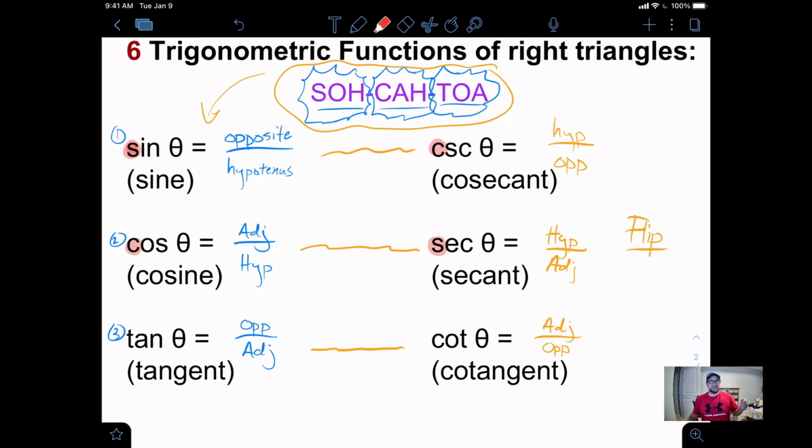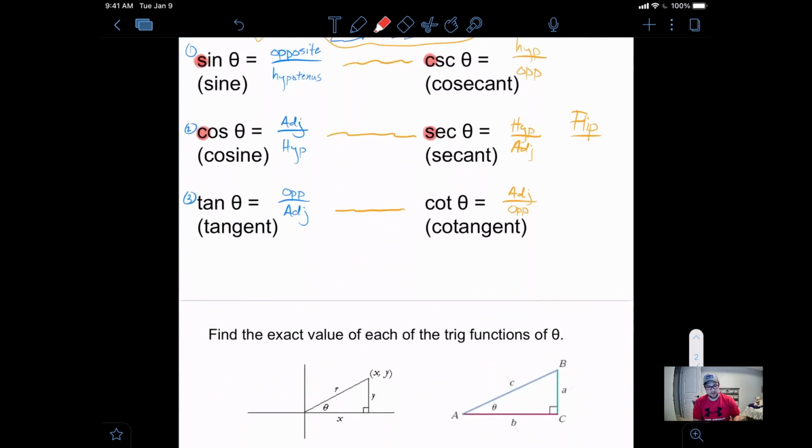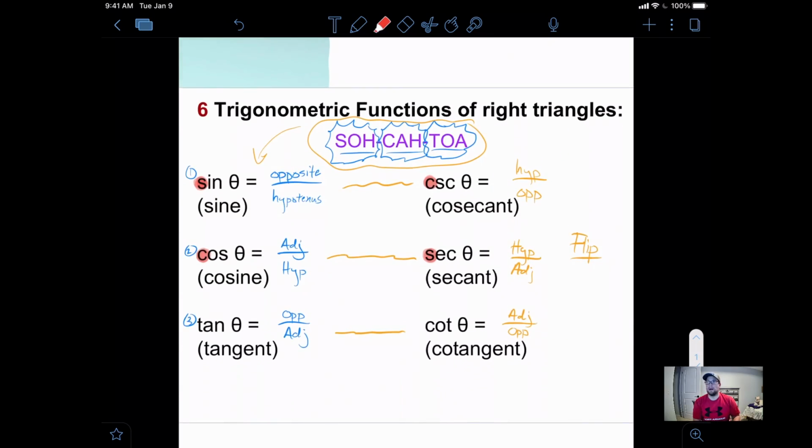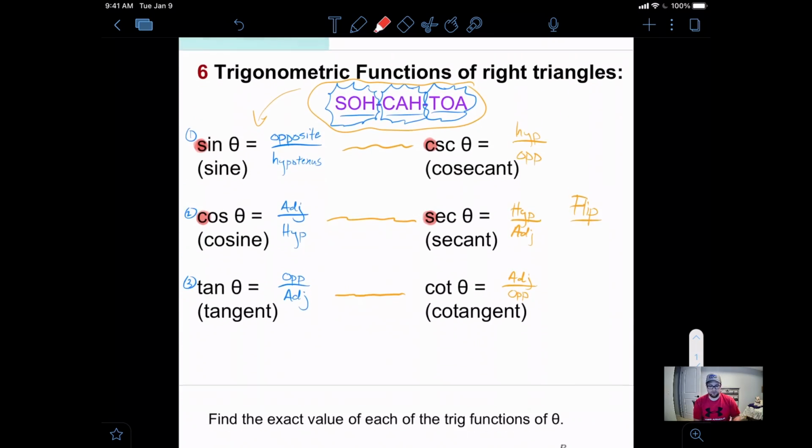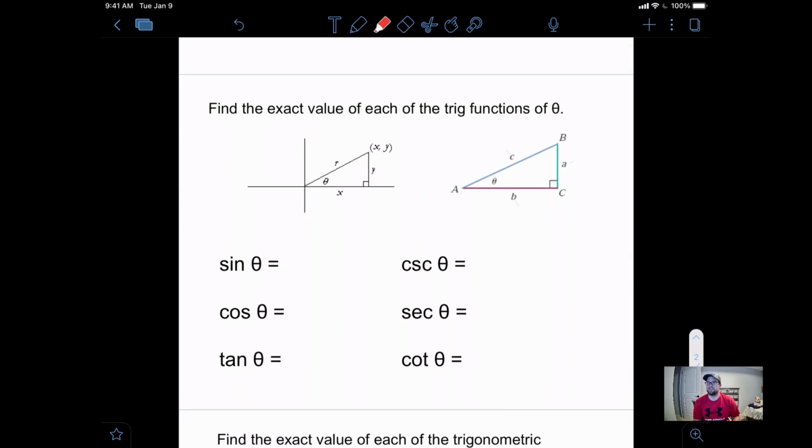I always think it would have been really nice if they had just made it so that it was S with S, but instead S goes with cosecant, or sine and cosecant go together, and then for secant and cosine, the letters just flip each time to get to the flip version. So, remember it however you want, but you're going to have to know all 6 of those trig functions and be able to use them at any time.